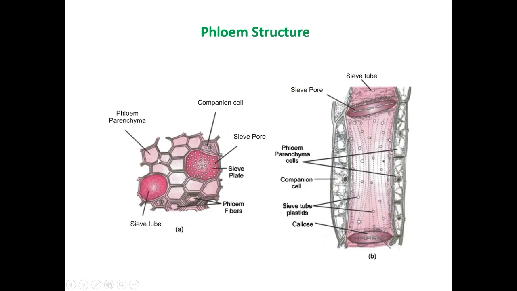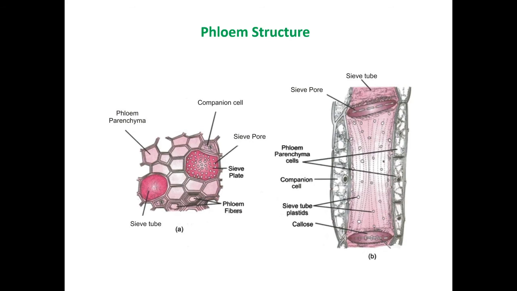So through this parenchyma only they enter, and through these companion cells which are very much adjacent to the sieve cells, they enter into the sieve cells. That is, phloem loading has been done.